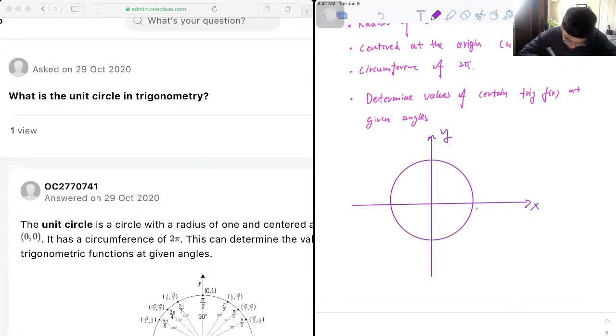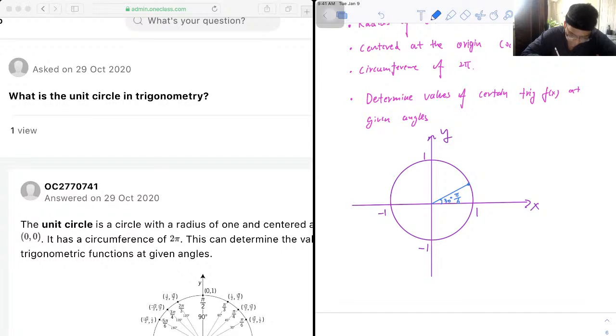Yep. And let's say that's 1, negative 1 on each axis. And now let's say we have an angle of 30 degrees. Yep, something like this. That's 30 degrees, which is the same thing as pi over 6.